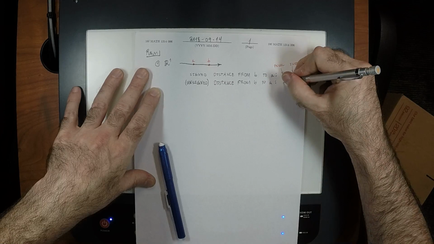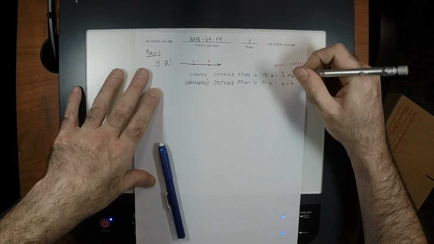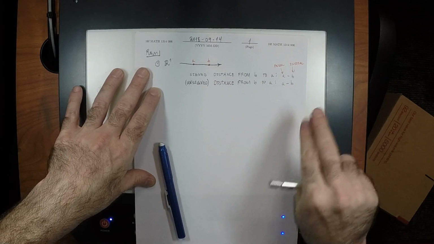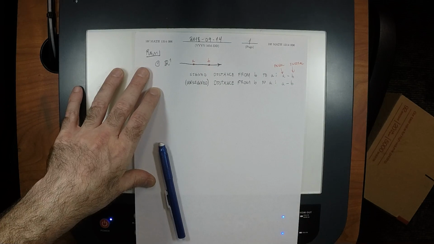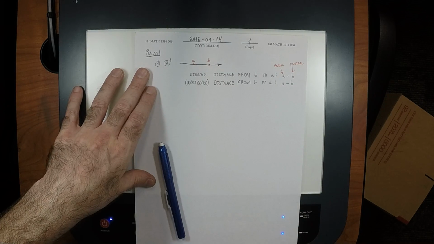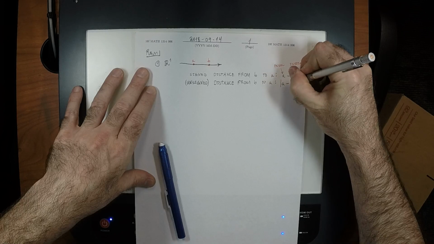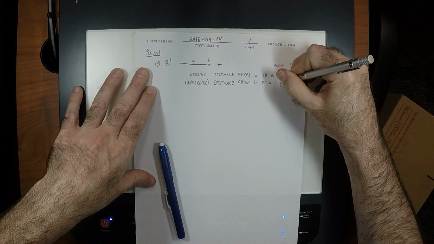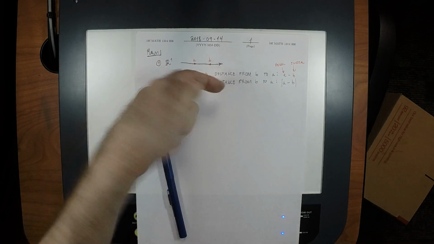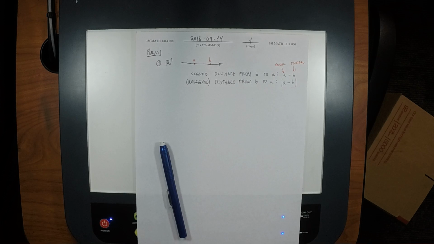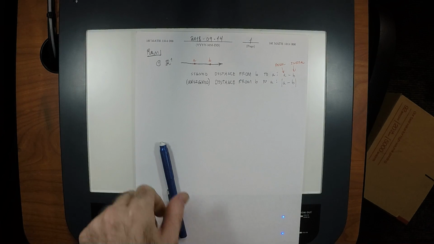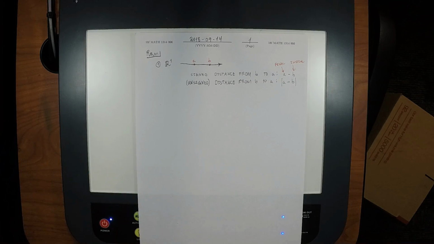Absolute value of A minus B. Very good. So you take the signed distance, in fact either one, A minus B or B minus A, doesn't matter, and what you do is you calculate the absolute value of that. Which is to say that we're not interested in whether or not you were going with the world line or against it. Rather, we just want to know how far it was that you traveled. Okay. Distance. Any question about this?